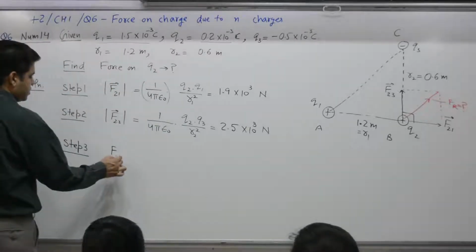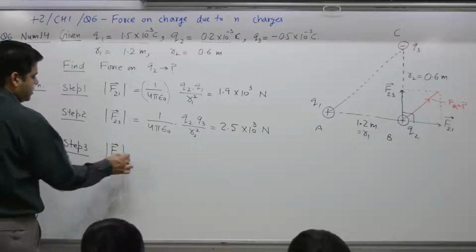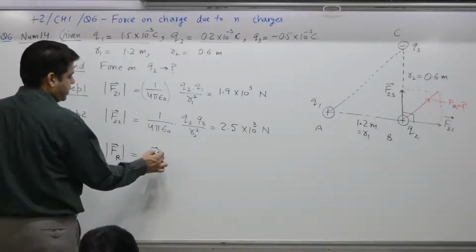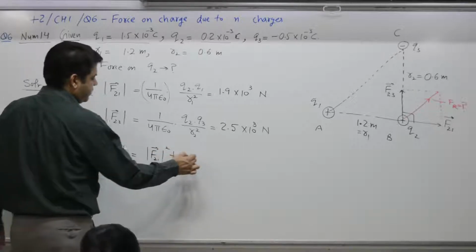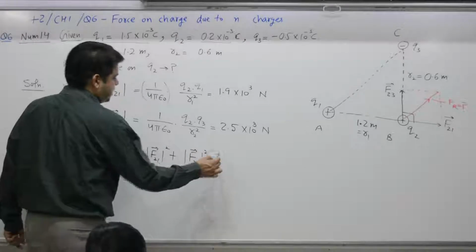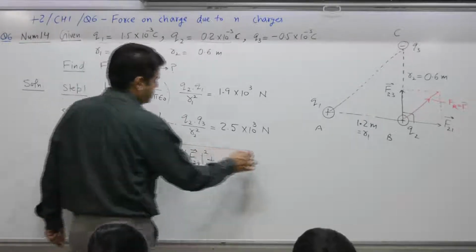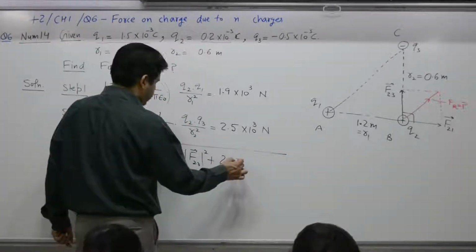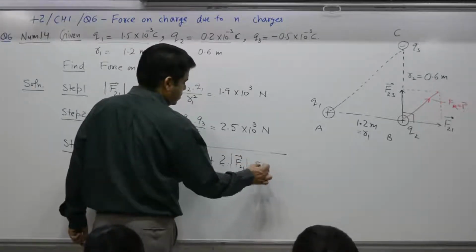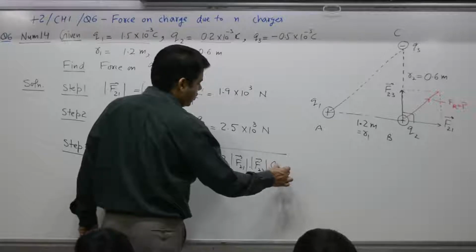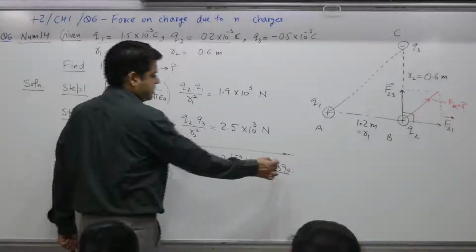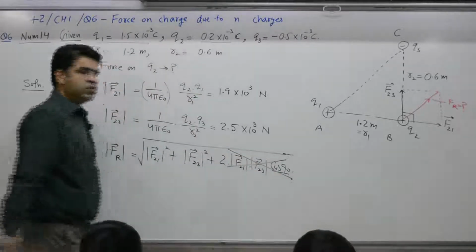The magnitude of the resultant force is the square root of first force square plus second force square plus 2 times first force, second force into cos of angle 90. Cos 90 is 0, that is why this term reduces to 0.